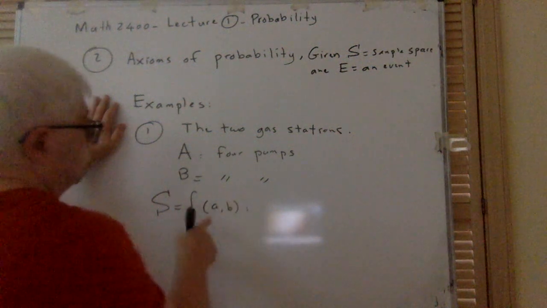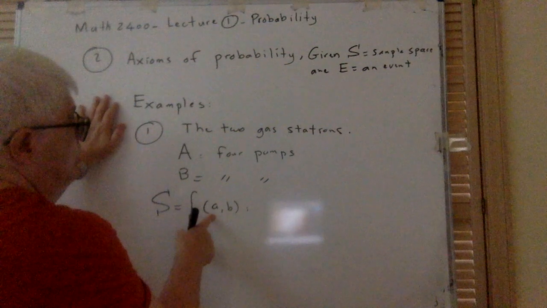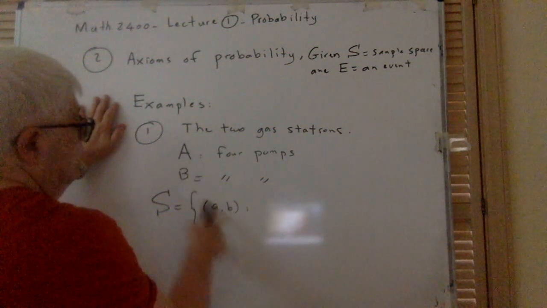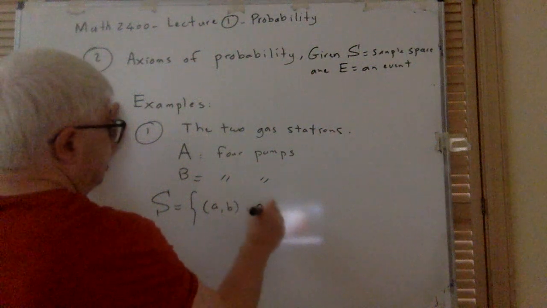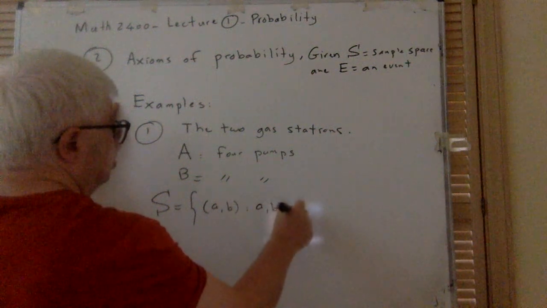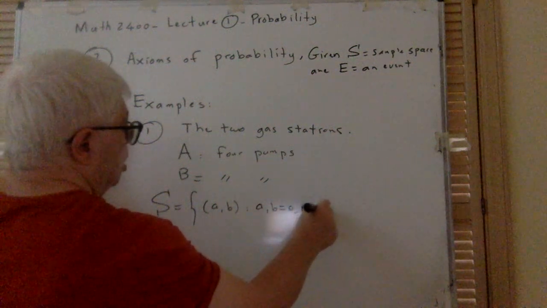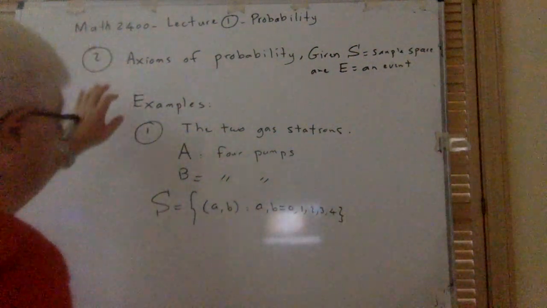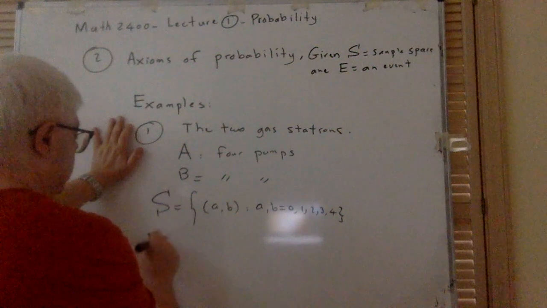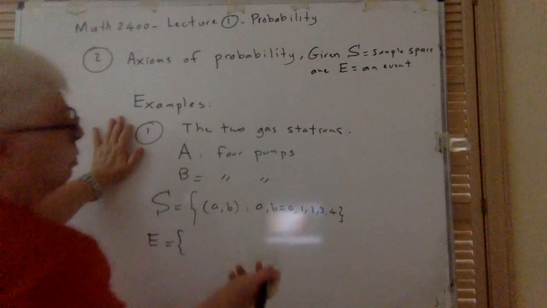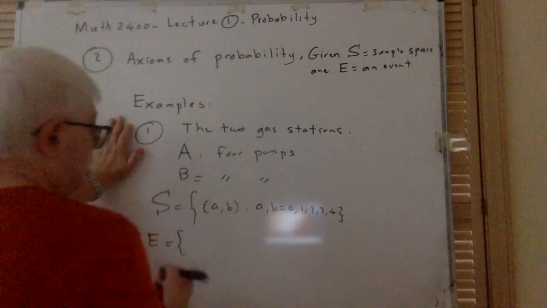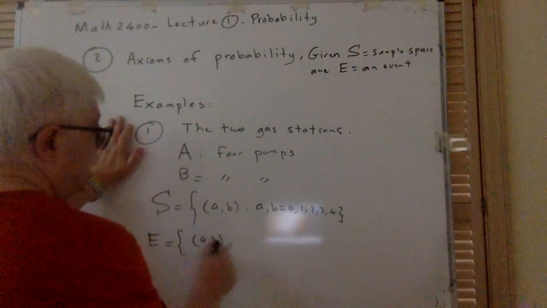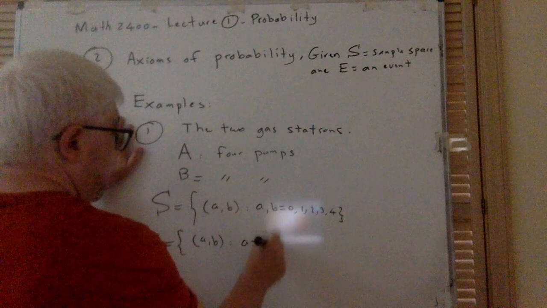We gathered S was the number of pumps at some moment in time, (A, B). This is the number of pumps that are active in A, the number of pumps active in B, and A and B are numbers between 0 and 4. And we define event E to be, well, let's define some simple event: E is (A, B) such that A is 0.